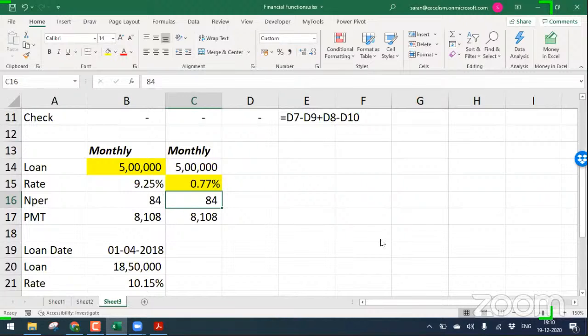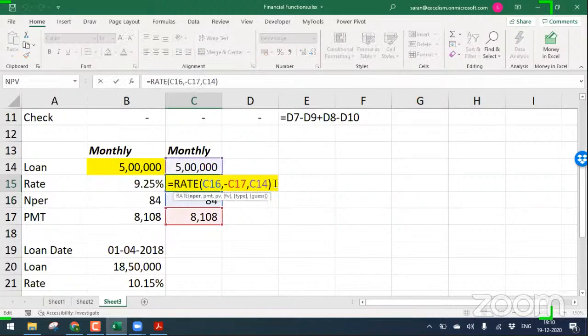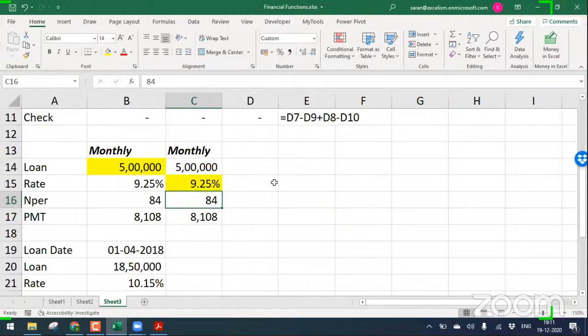Yes. This is a monthly one, so I need to make it yearly, so into 12. I hope you got the point, right? The point I'm trying to tell, as I already told you, is that the loan is an inflow and this is the outflow for the customer. Rather, the loan is the outflow for the bank, the equated installment is an inflow for the bank.